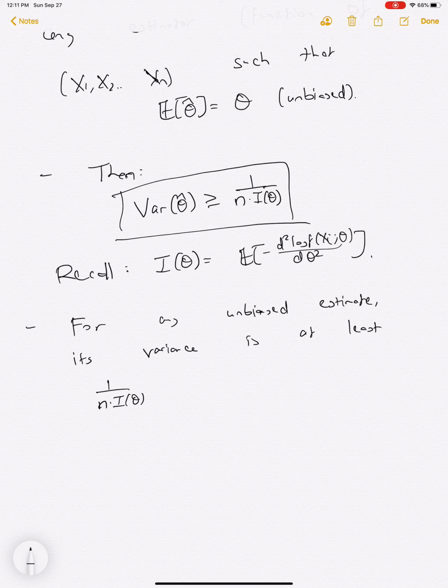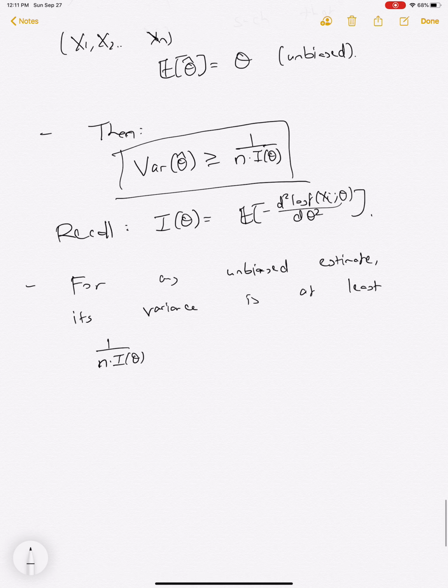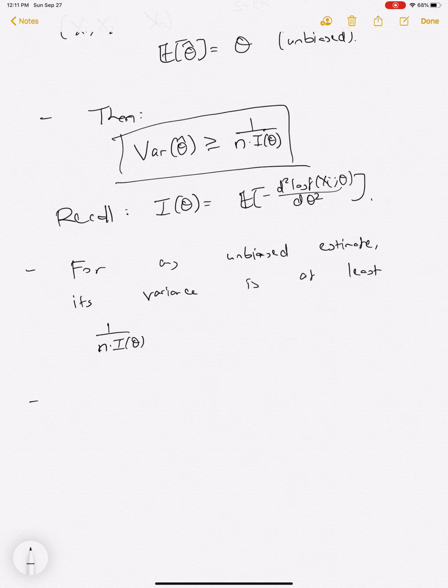Typically small variance is a good thing. So the Fisher information acts as a lower bound, saying you can't come up with a procedure or estimator that's going to do better than that if you want your estimate to be unbiased.